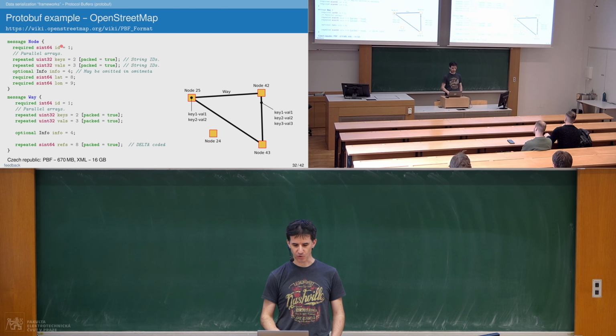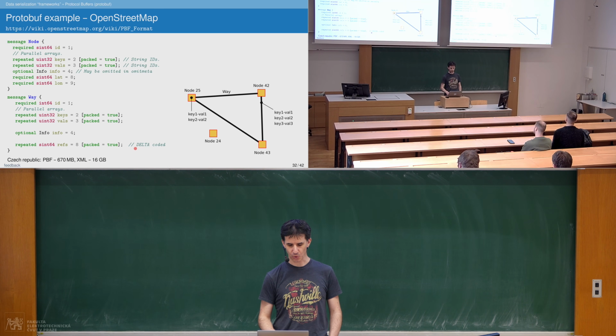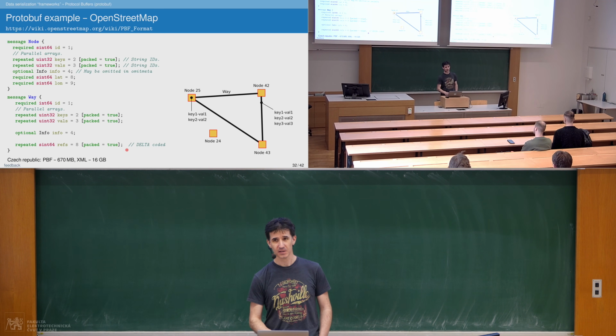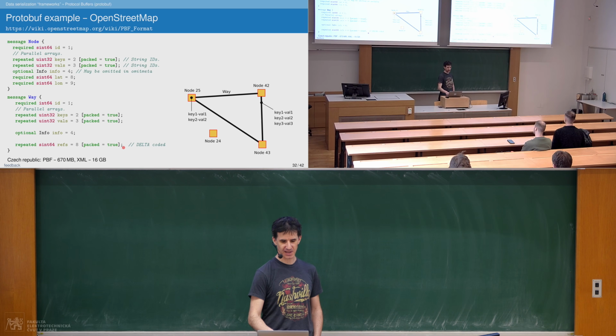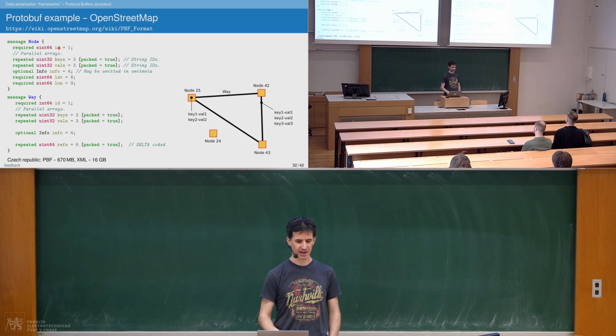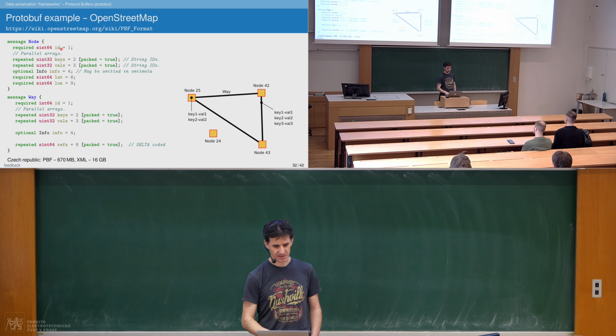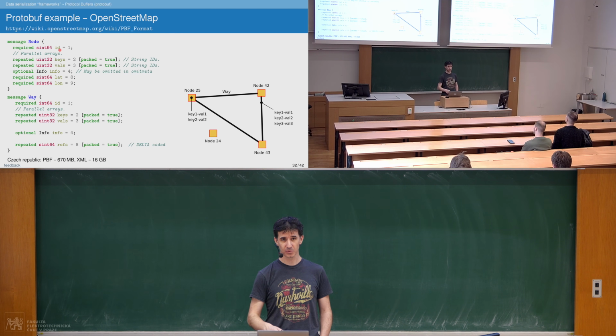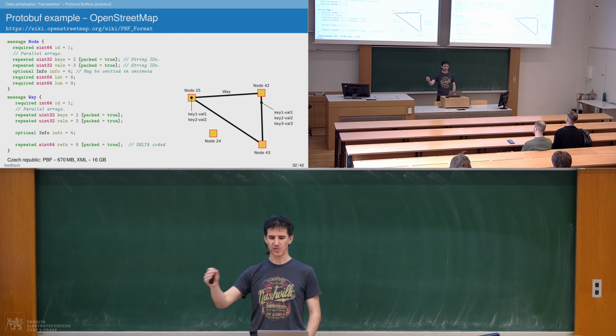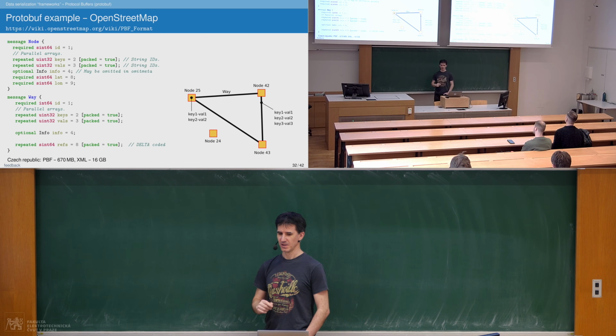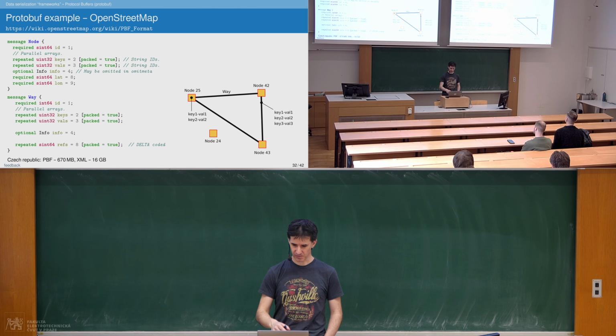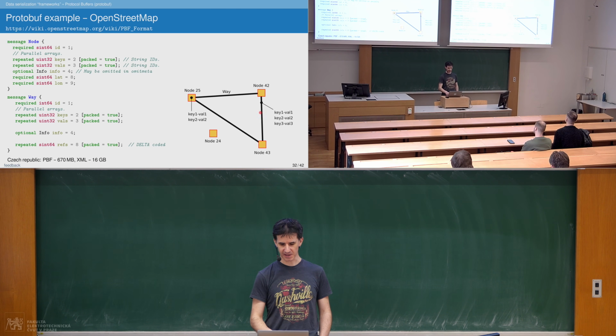Those references are basically the IDs of nodes of the way, and this is so-called delta coded, which means that these are not absolute numbers like ID 1028 or whatever, but only the first one is absolute, and the subsequent ones are just the difference from the previous one. In many cases those node numbers are consecutive. So 42 is followed by 43.